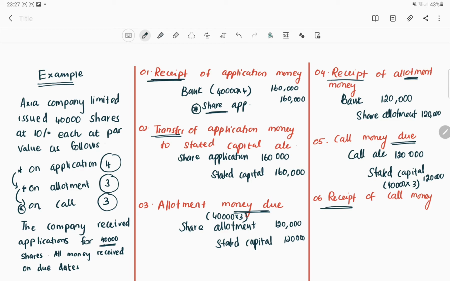And once you receive the call money, you can debit the bank account, since you're getting money into the bank account, by 120,000, and you can credit the call account by 120,000. So these are the journal entries in order to record the share issue transactions.